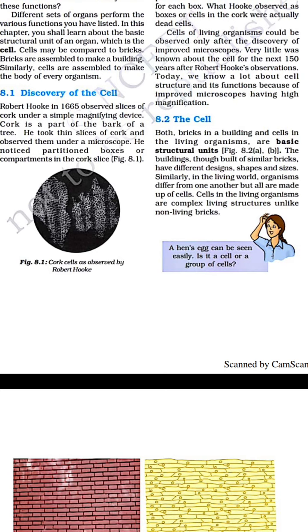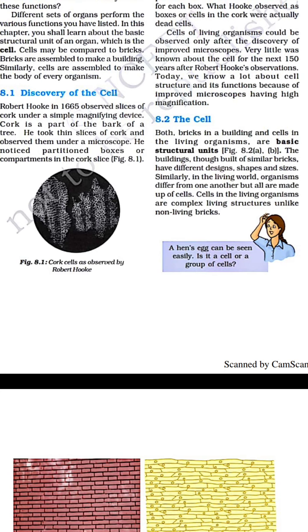By seeing the bricks around us, we can observe that bricks are of different sizes, shapes, and designs. Right? In the living world, organisms also differ, because we can see organisms of different sizes and shapes around us, different kinds of living and non-living things. And among living organisms, we can see different species.